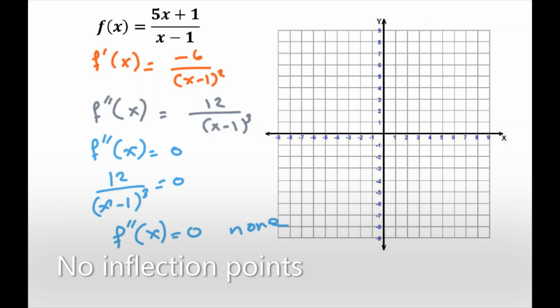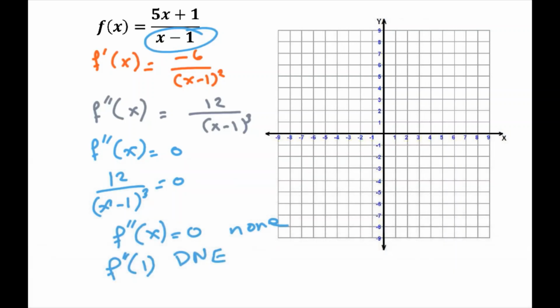However, we're going to also study the sign from the vertical asymptote. Okay? Because again, f double prime at 1 does not exist. So studying the sign of f double prime at 1, you can substitute, let's say, 0 here. You will get a negative answer. So that means concave down. And from the right side, you will get positive, so concave up.